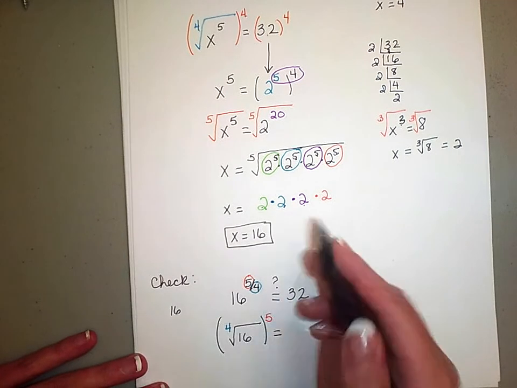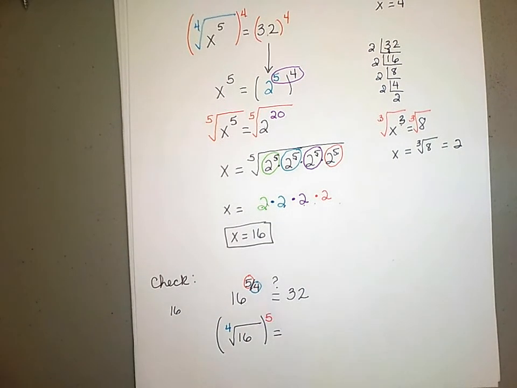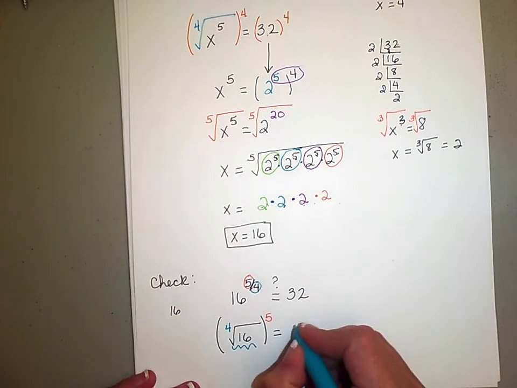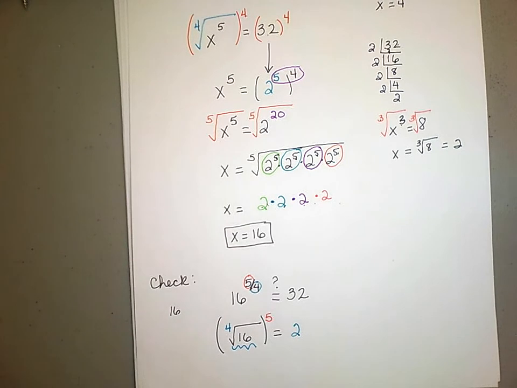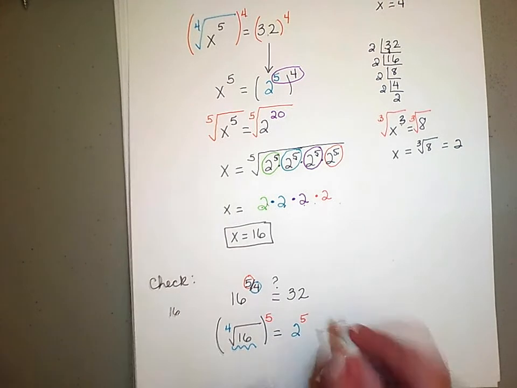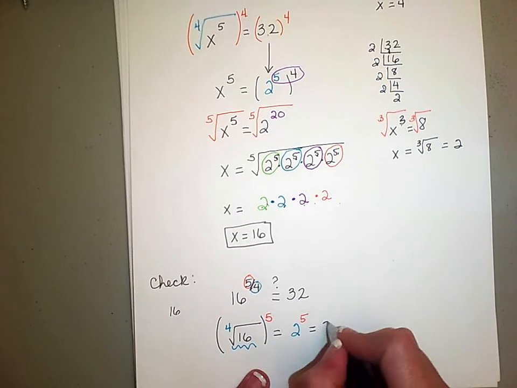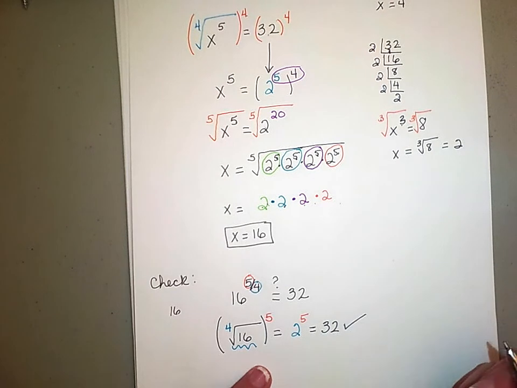Well, the 4th root of 16 is 2. Okay. So this is 2. And then 2 to the 5th is indeed 32. So this checks.